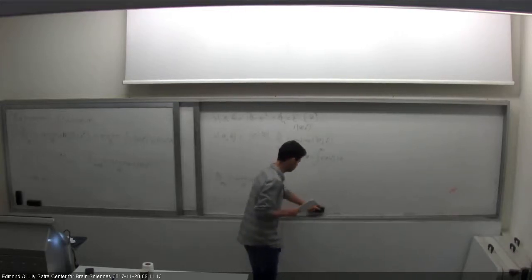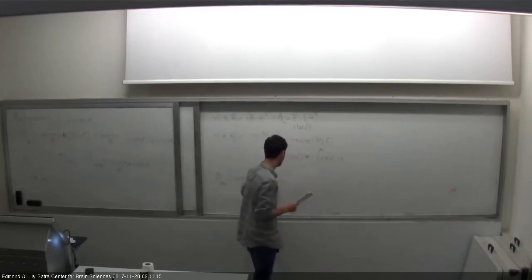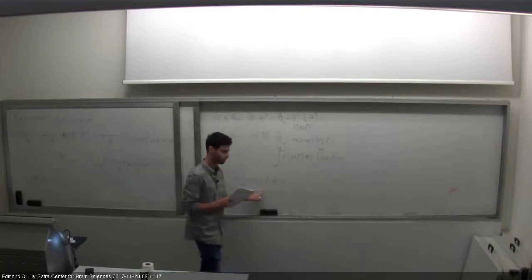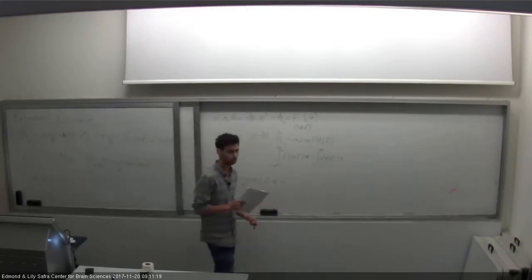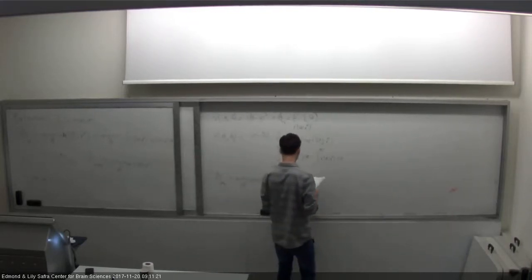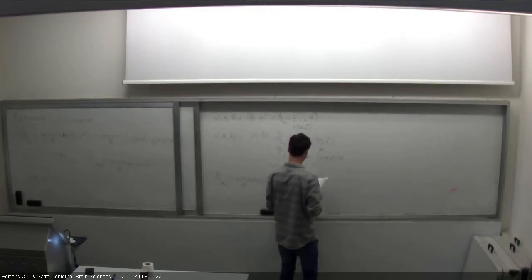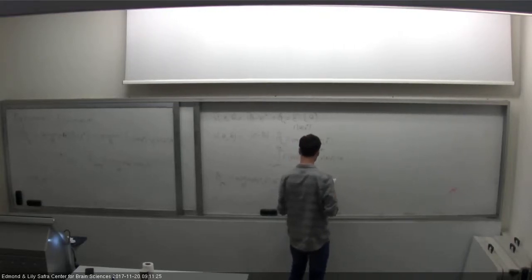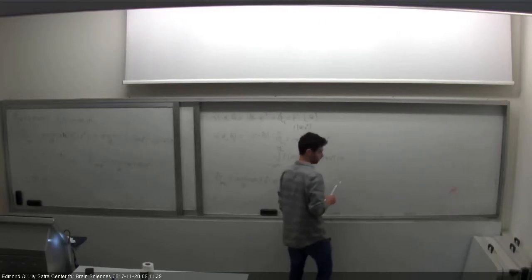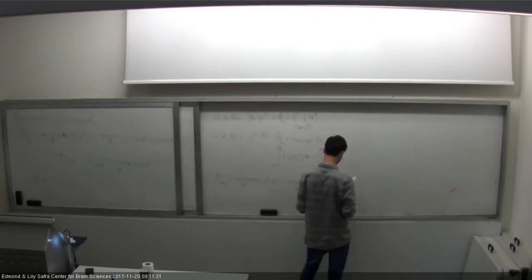And most of the time, it's easier to take the maximum over the log of the likelihood, so we can take the log, and it's the same because log is a monotonic function.